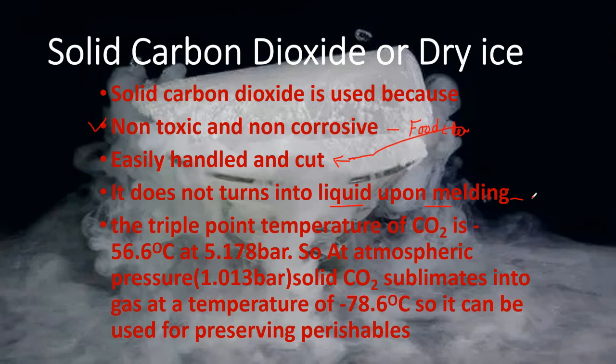It directly sublimates to gas. One more advantage is that the triple point of CO2 is minus 56.6 degrees Celsius at 5.178 bar, and at atmospheric pressure solid CO2 sublimates into gas and cannot be converted into liquid.